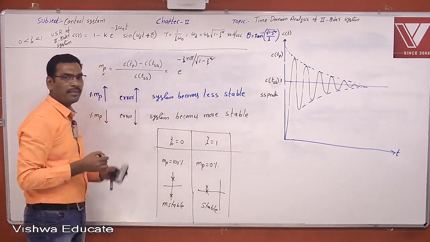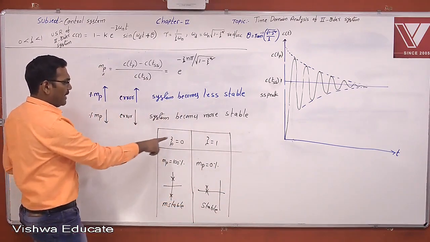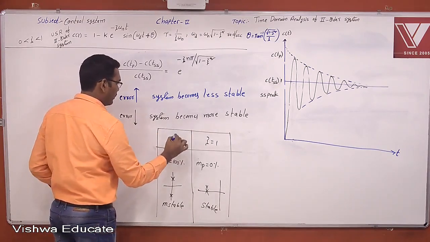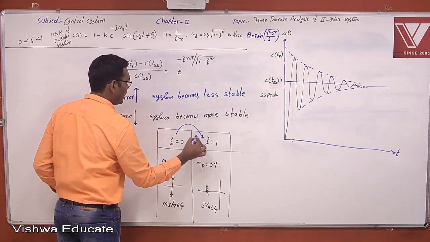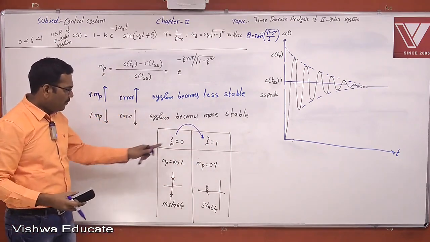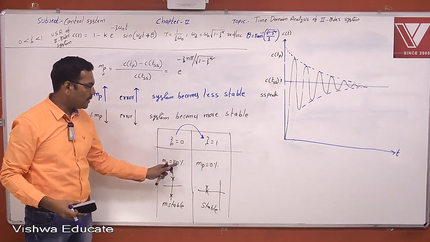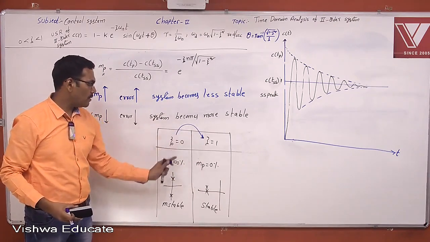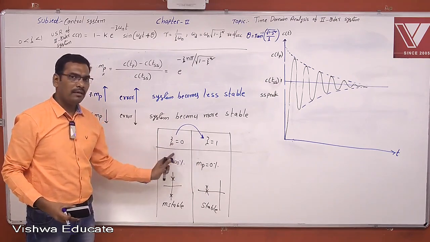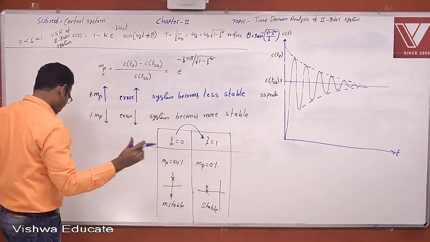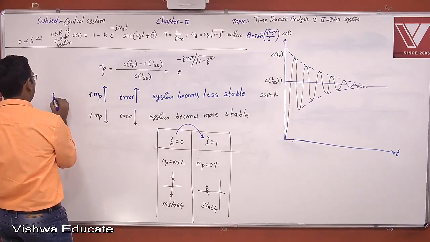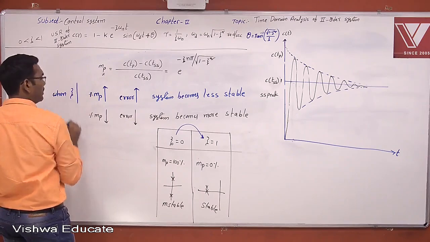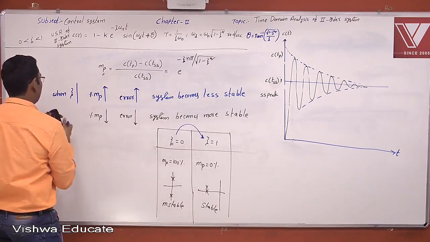Now just see the comparison. When zeta is changing from 0 to 1, zeta is increasing.